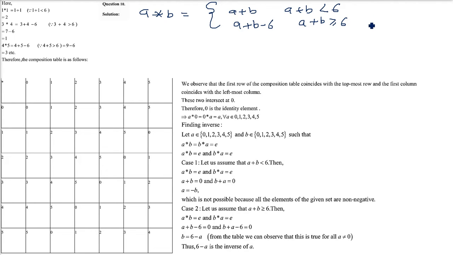And what is the set? The set is given as {0, 1, 2, 3, 4, 5}. This is the whole set.